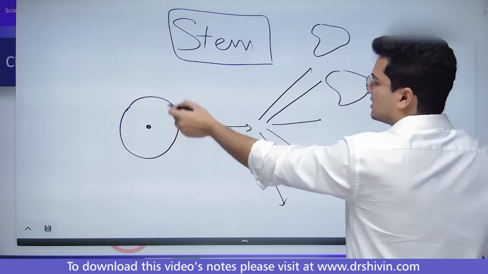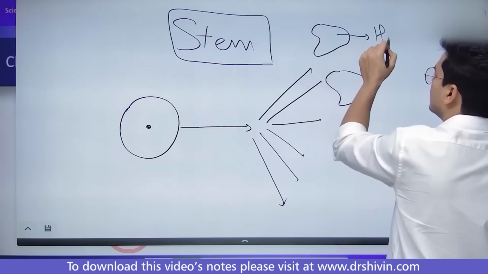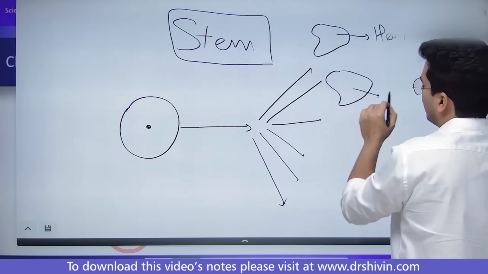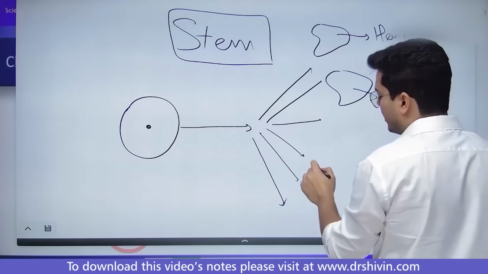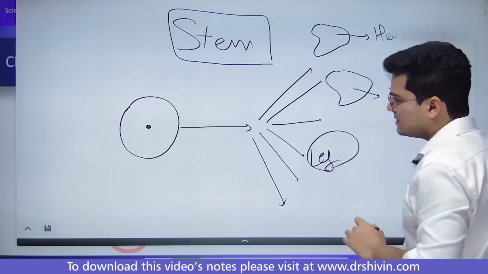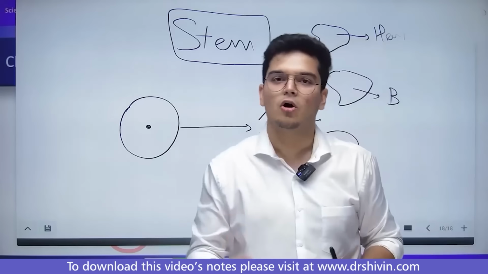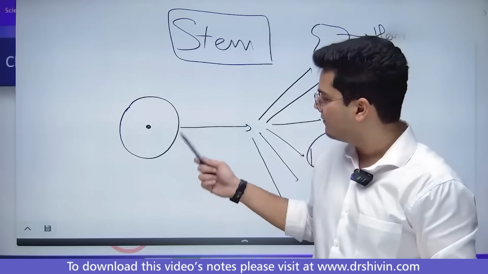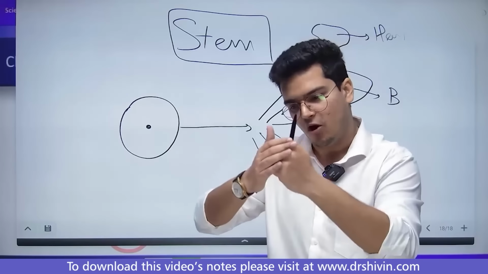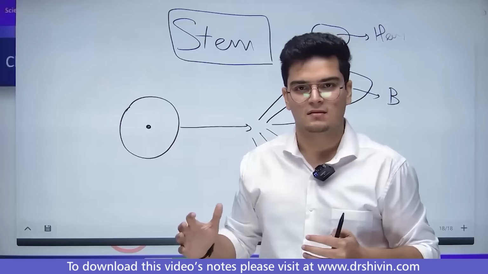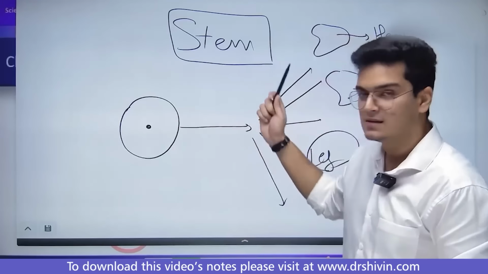For example, a stem cell could divide and form a heart, a stem cell could divide and form a brain, a stem cell could divide and form a leg. These cells with this ability are called stem cells. Right? These are stem cells.